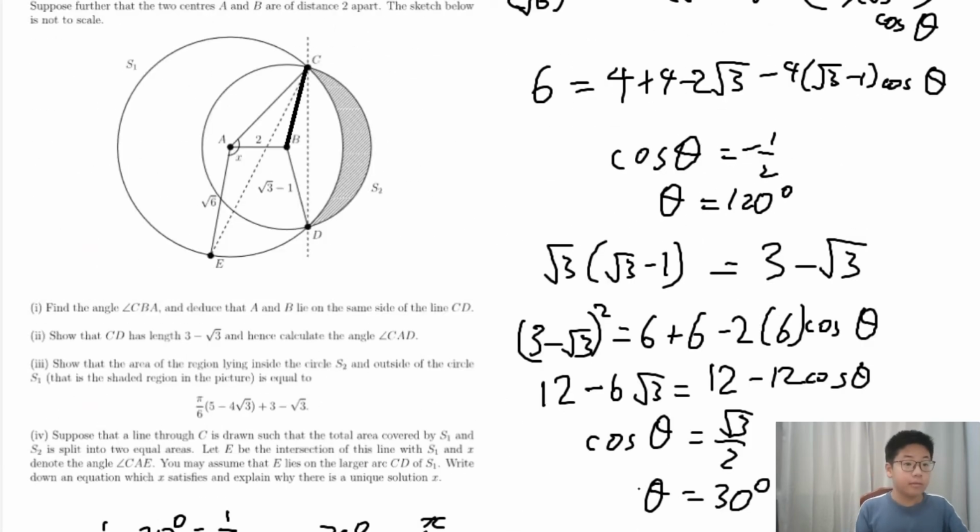So suppose that a line through C is drawn such that the total area is split into two equal areas. Let E be the intersection of this line with S1 and X denote the angle CAE. You may assume that E is on the larger arc.